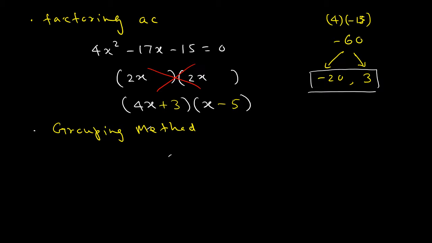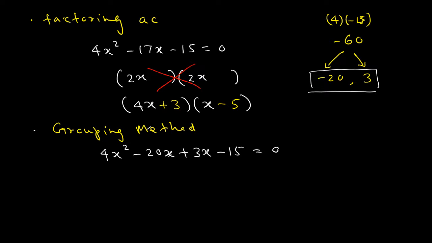So we have to do the same thing here. We can look at the factors of the AC product so that we get the middle term. And then we can write them like this. So we have 4x squared, and there's no order, but we just need to write the two numbers. It's negative 20, but it's a middle term, so you have to add an x there, plus 3x, and negative 15 equals 0.